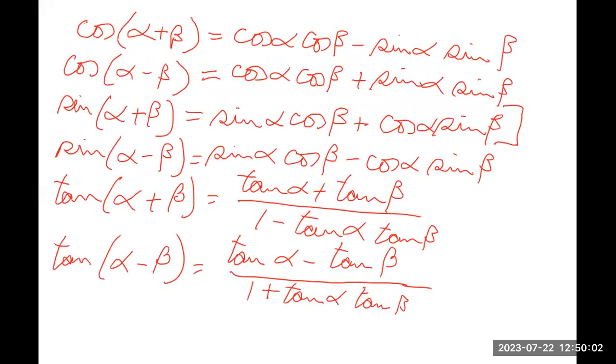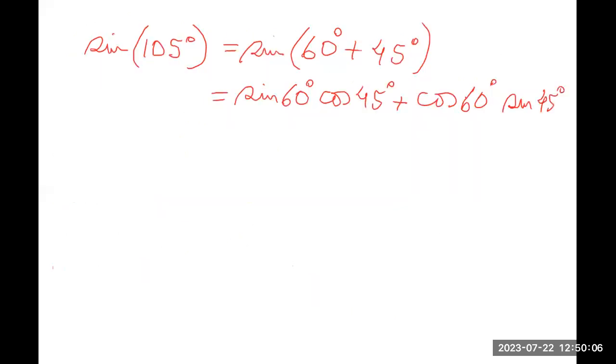And we are thinking of alpha as 60 and beta as 45. Both 60 and 45 are our special angles. We know their exact values, so we can plug them in. Sine 60 is √3/2. Cosine 45 is √2/2. Cosine 60 is 1/2.